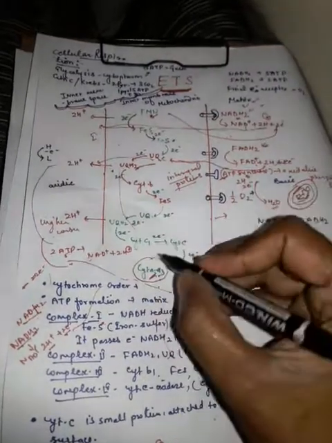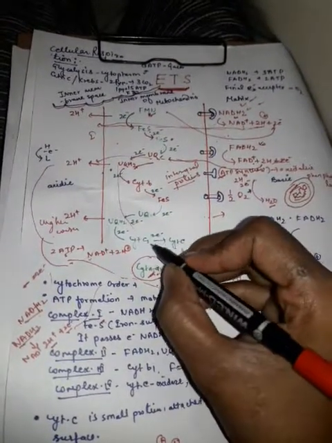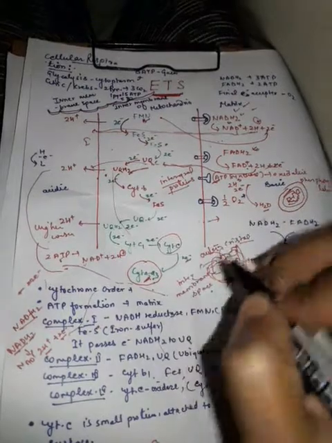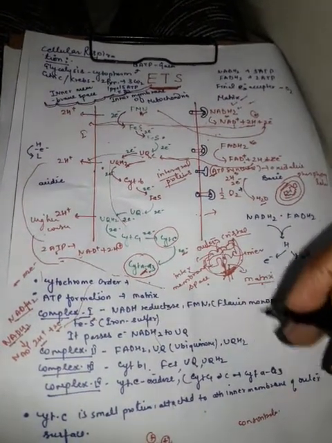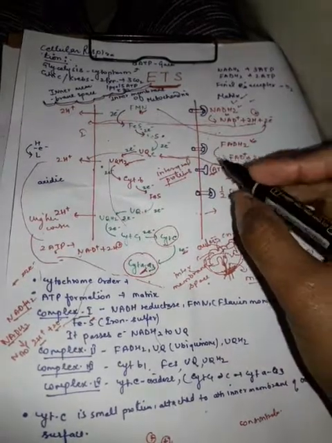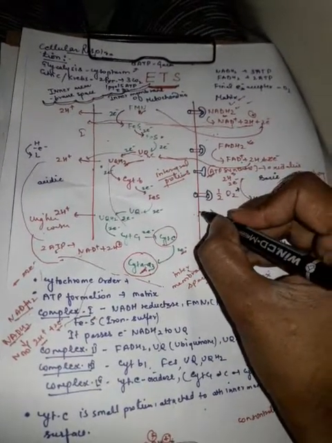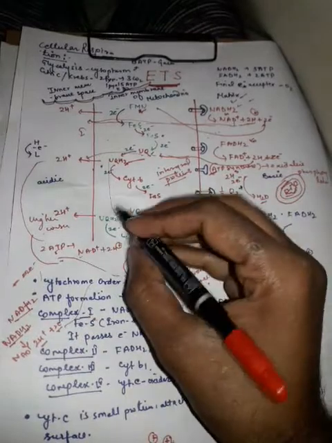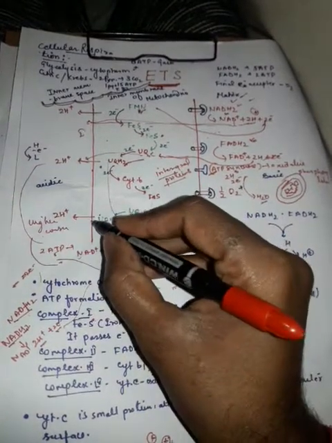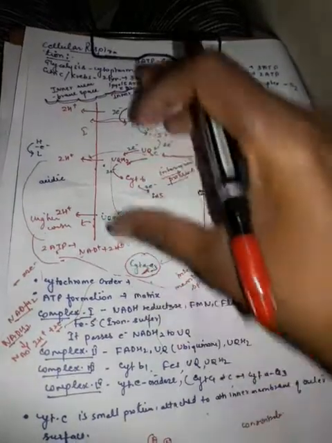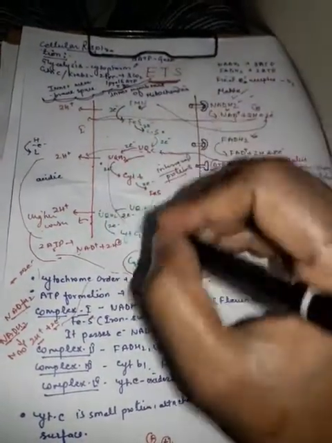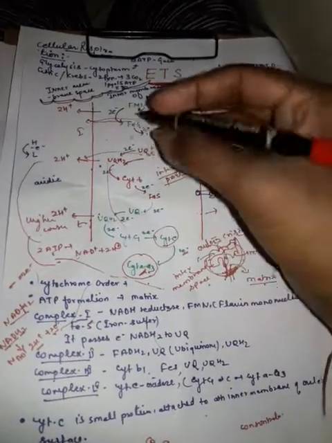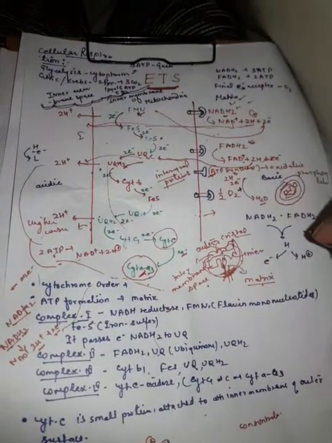Which is the small protein? It is the small protein. This question can be asked several times in NEET exams, okay. It is attached to the outer surface of the inner membrane, this is the matrix, okay. This is the outer surface of the inner membrane, okay. So cyt c is present. Cyt c is actually attached loosely, and this is a protein, okay.